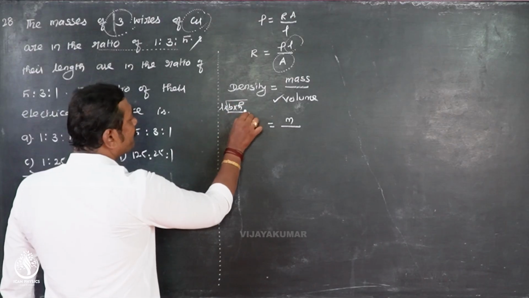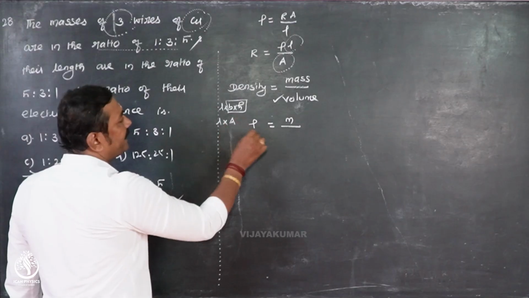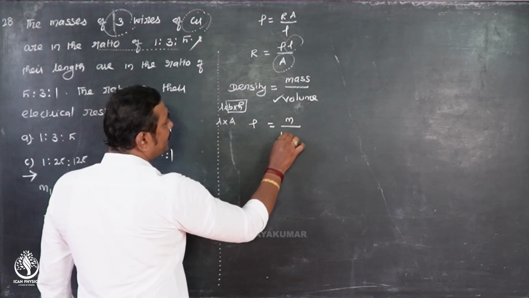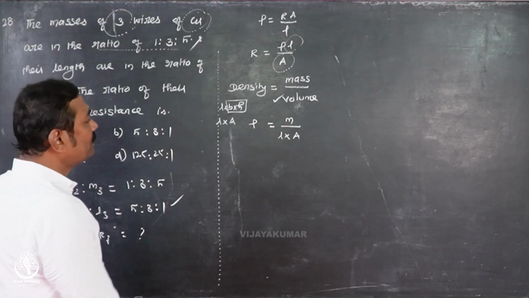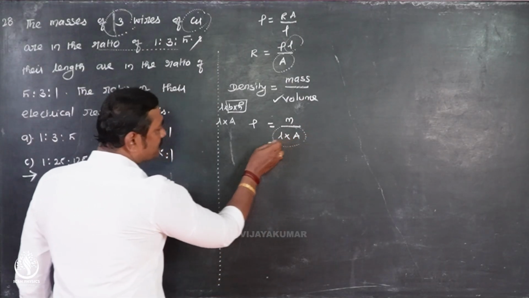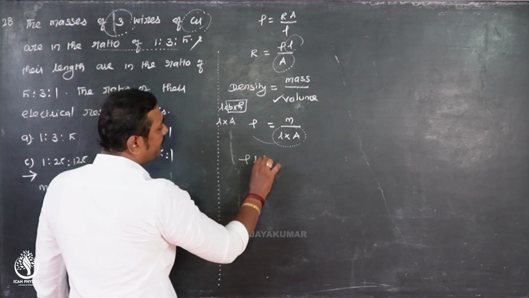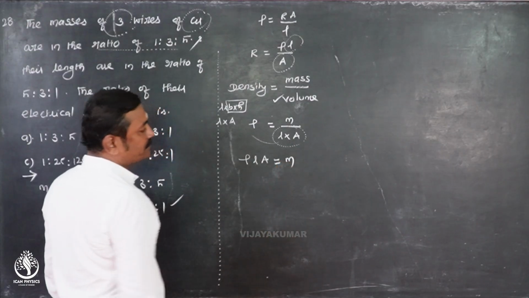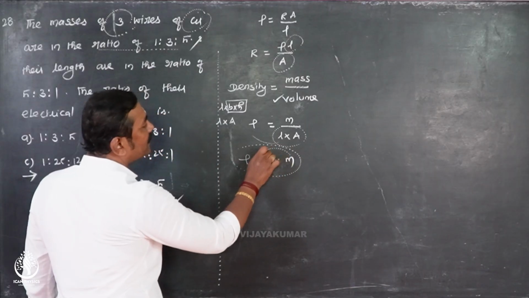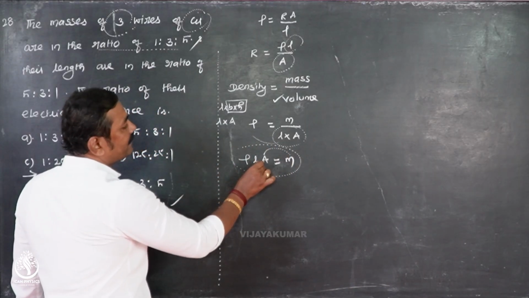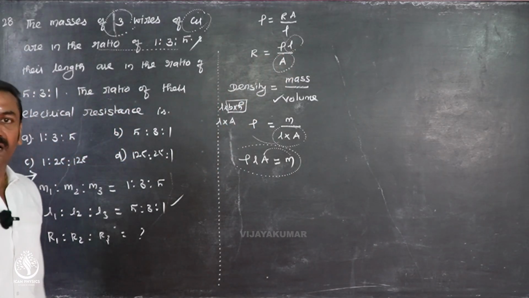Instead of B into H, we can write area, so L into A. So instead of volume, we write L into A. The division by L into A comes over as a multiplication, so rho L A equals M. This is the formula relating mass and area. From that we can calculate the area, then substitute here, and finally come to the solution.